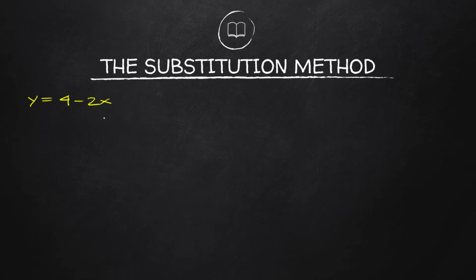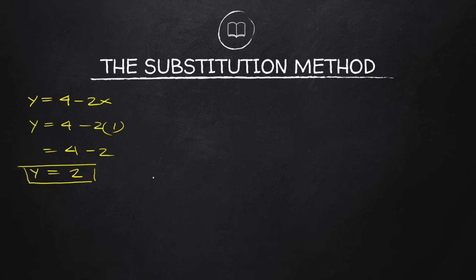But we know that the value of x is equal to 1. So we can solve for the value of y. y here is equal to 4 minus 2 times the value of x, which is 1. And this is equal to 4 minus 2. We have y equal to positive 2.